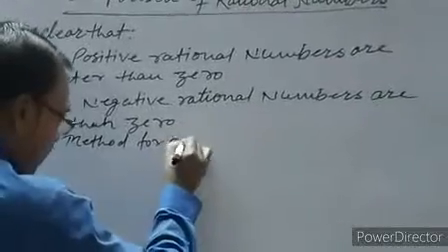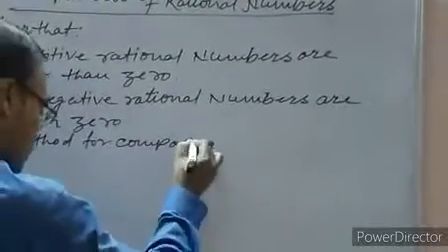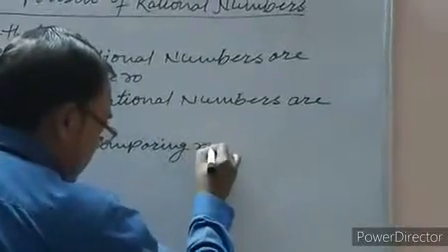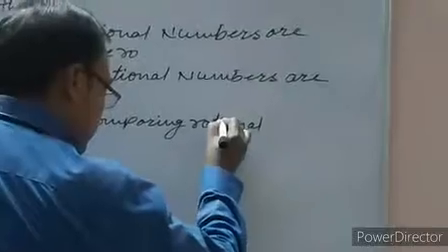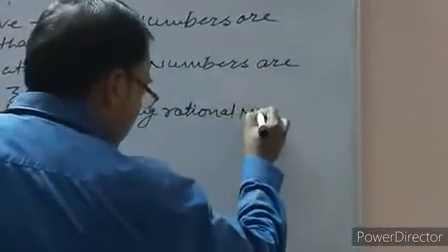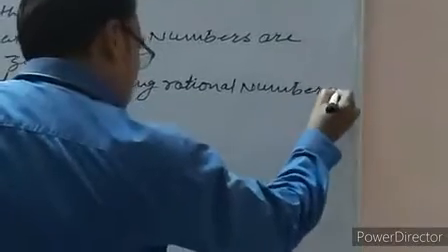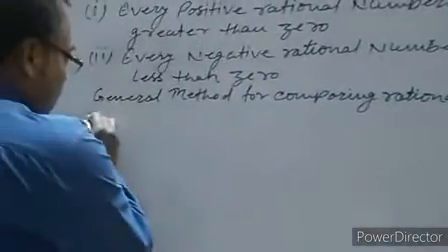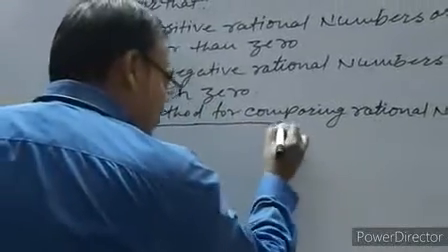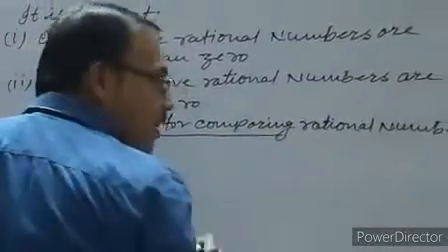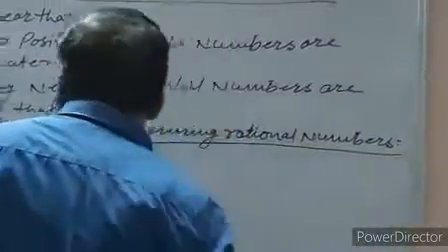Now, the general method for comparing rational numbers. We adopt some steps in this method and finally we decide which rational number is greater.